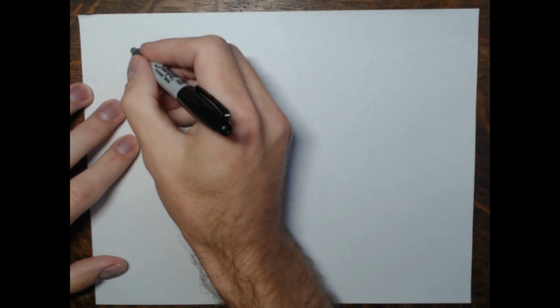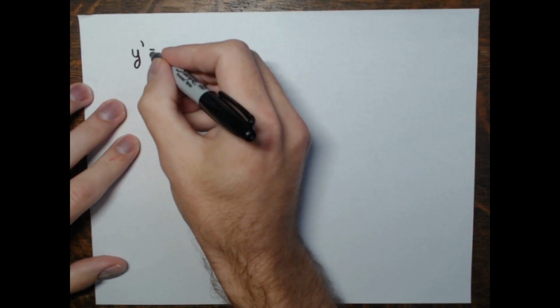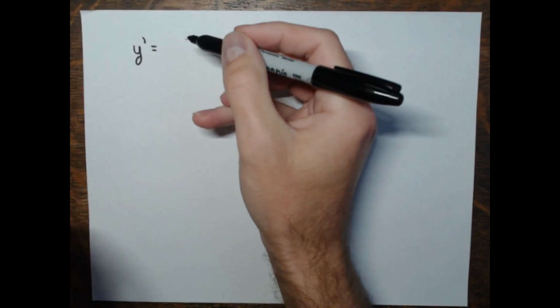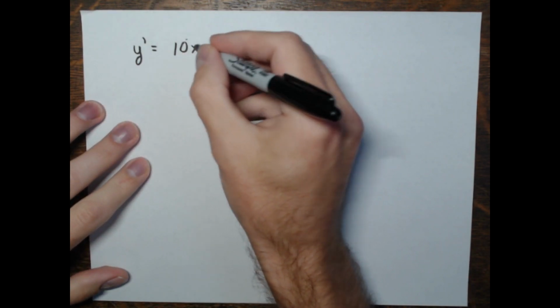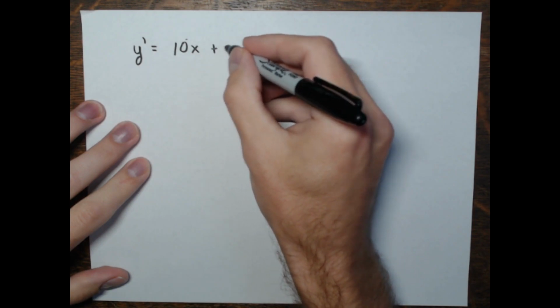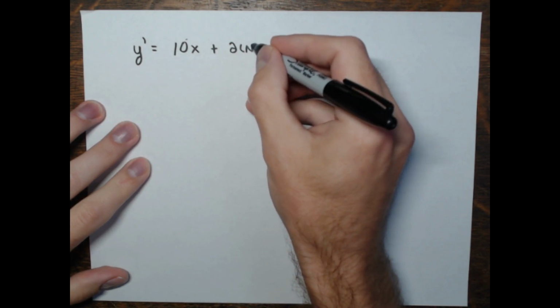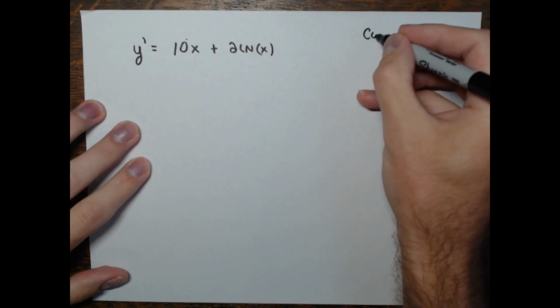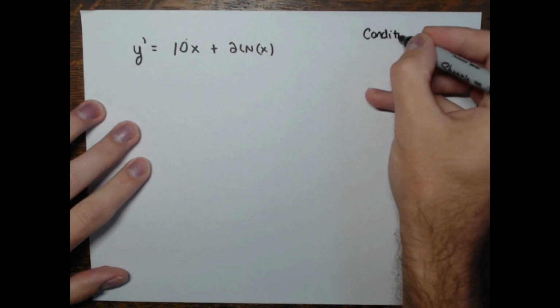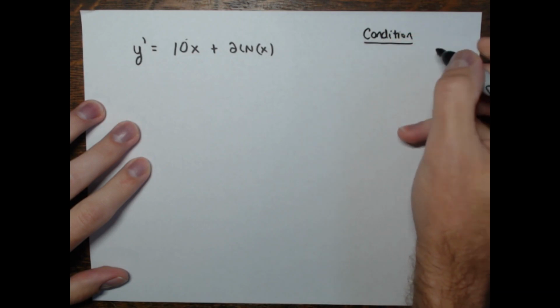All right, so our differential equation here is this. We have y prime equals 10x plus 2 times the natural log of x. And then you're given some condition on the solution, or what they call an initial value.